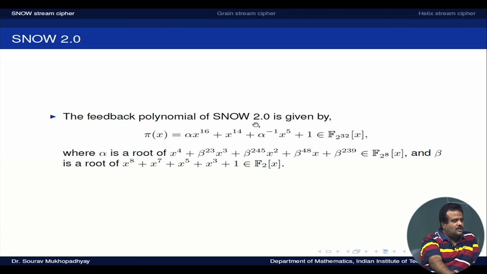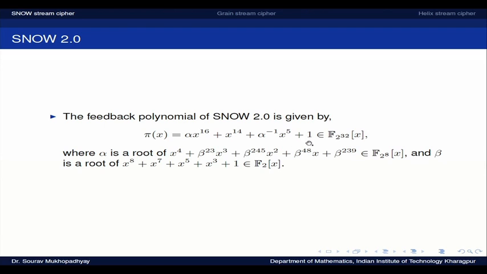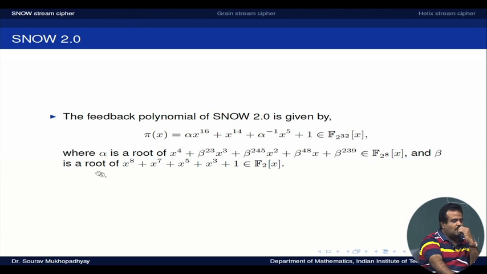The feedback polynomial of SNOW 2 is given by this. So they are multiplying alpha with this, then these positions are also changed, and then alpha inverse x to the power 5 plus 1. So this is the polynomial they have used for SNOW 2, where alpha is the root of a new polynomial, over F2 to the power 8, and beta is also the root of this.